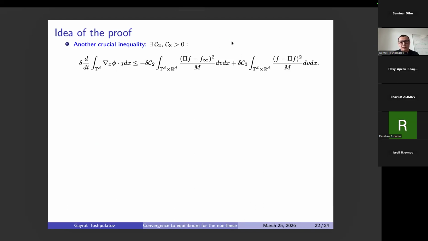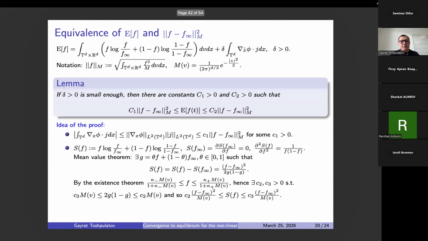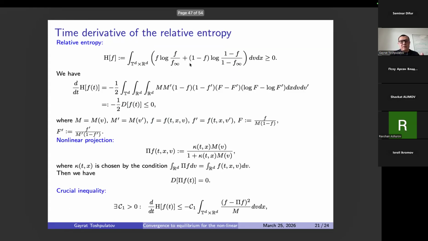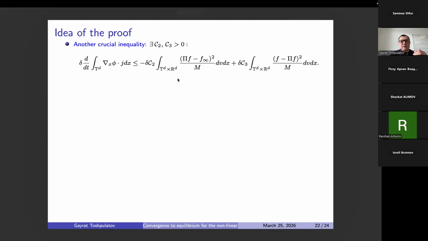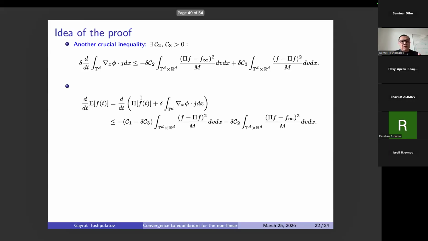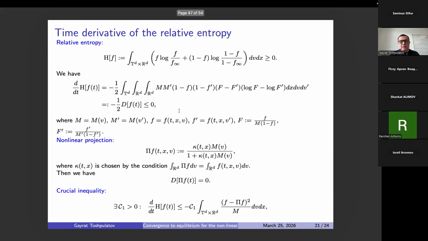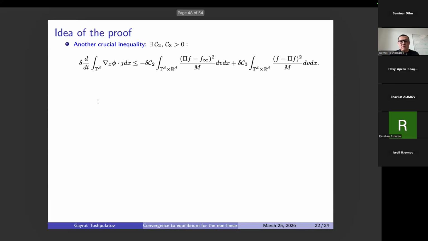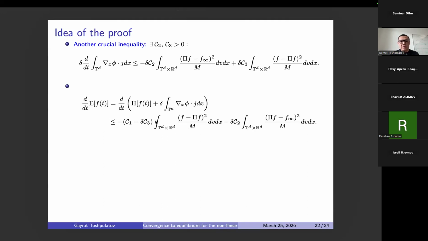And also the second term which appears in this functional, delta times this part, we can estimate similarly, again using the projection operator P with these terms. Since this functional E is the sum of this entropy and this term, using this estimate and this estimate, we can get this estimate for the time derivative of E. Again, we have a delta.